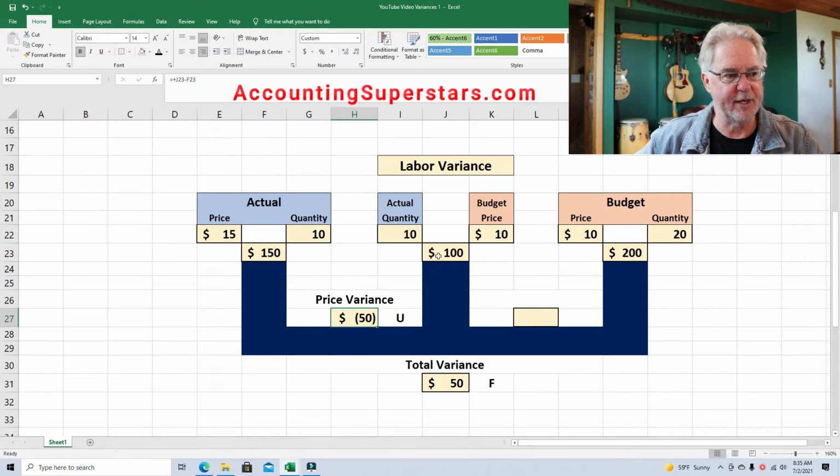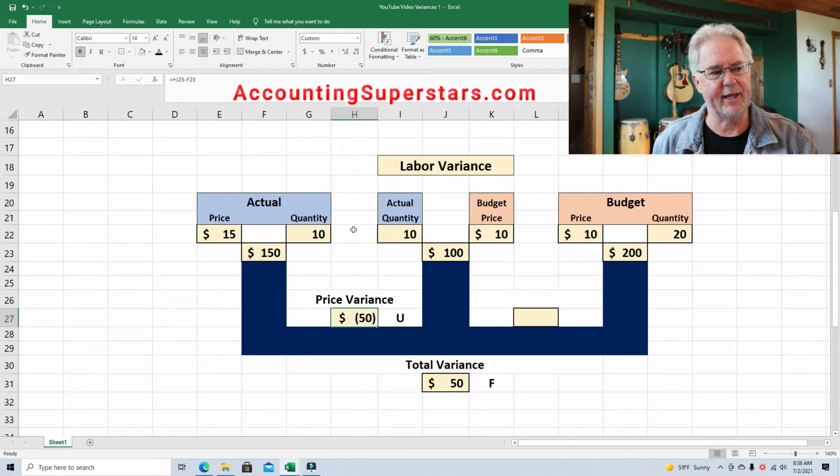We budgeted 100 and we ended up with 150. So that's unfavorable. So the price variance is unfavorable by 50 bucks. And so what's going on here is that we ended up paying $50 more because the price was greater. So let's see about the quantity. Now we already know that they worked way less time.